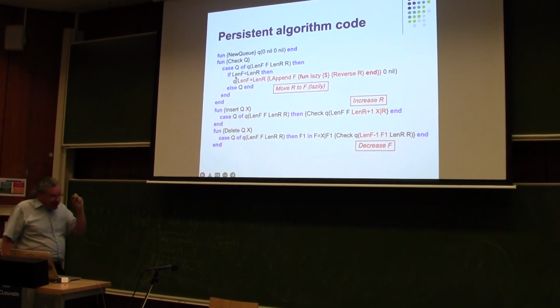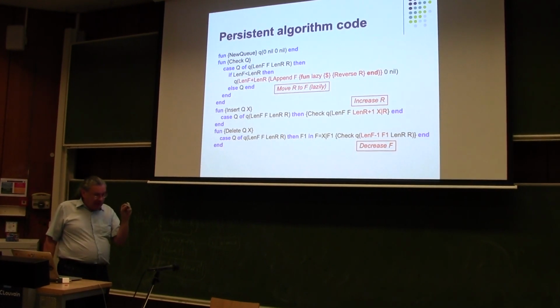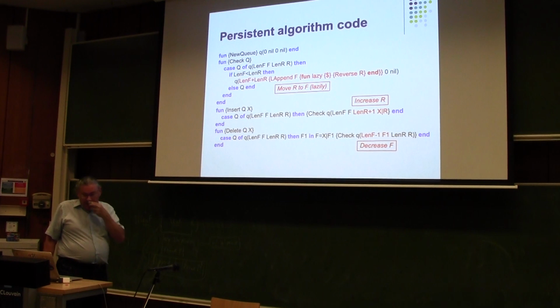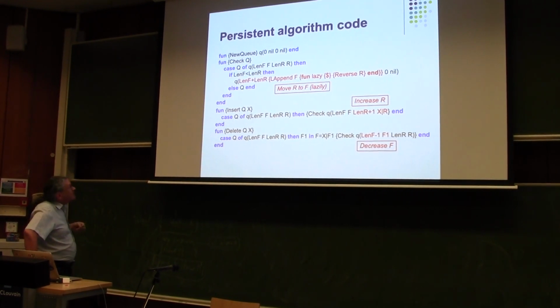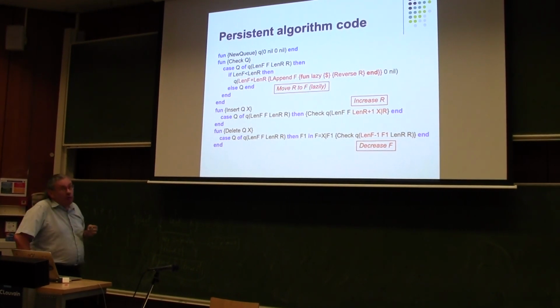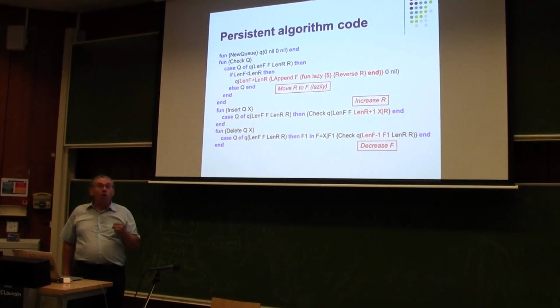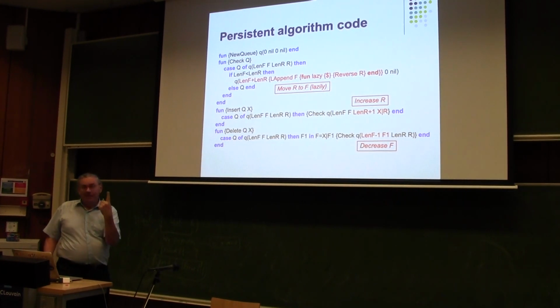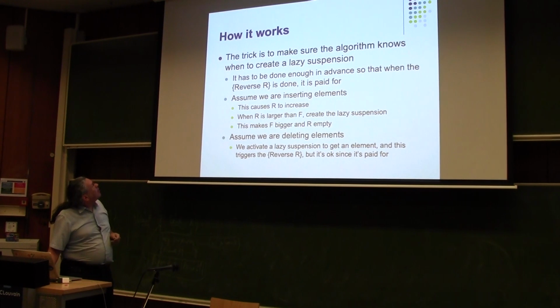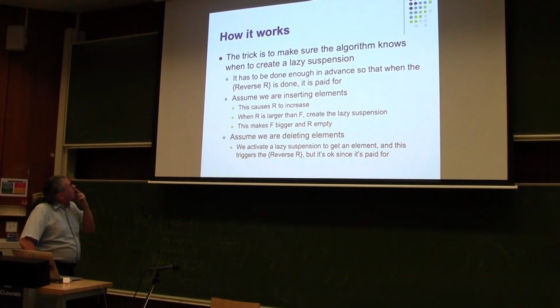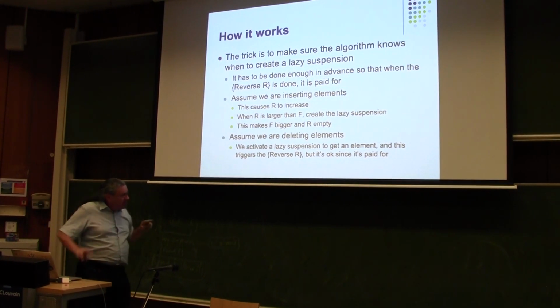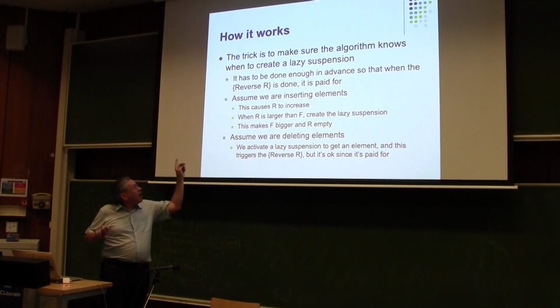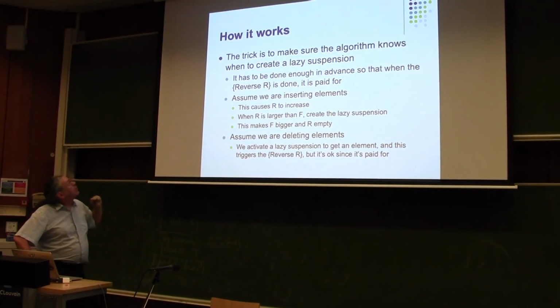You have to do it so that it's amortized and so that it's persistent, which means that if you have multiple versions, you only pay once for the operation. So let me show you first the idea, and then I'll show you how this one is doing it.